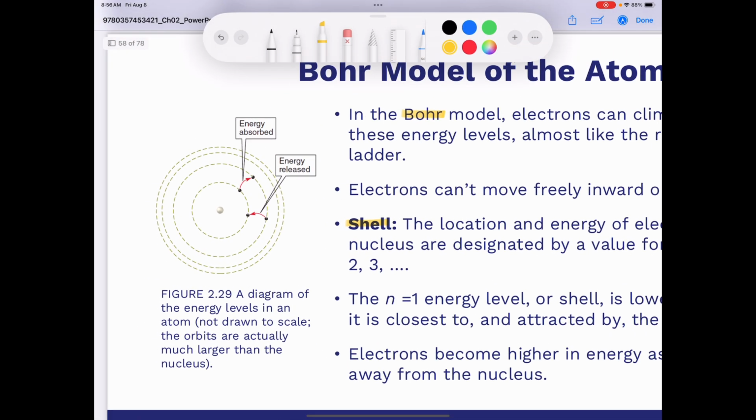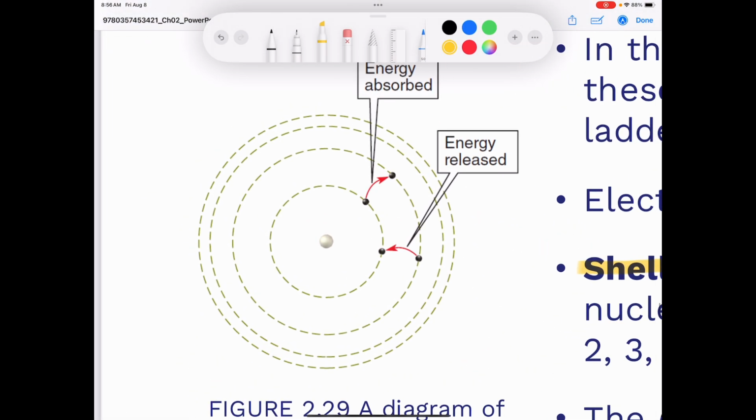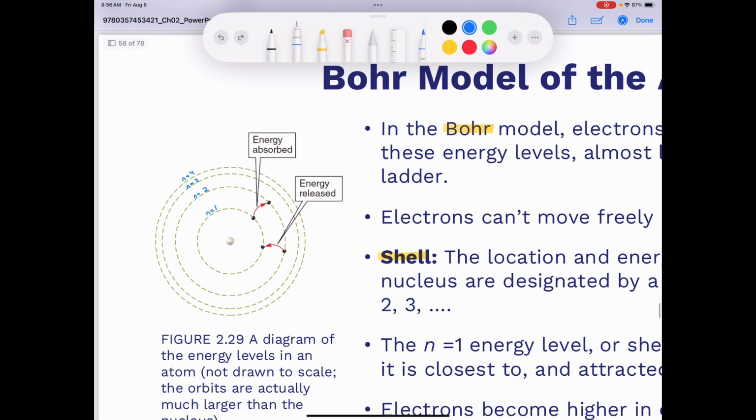So if I zoom in here, this first energy level here would be n equal to 1, this one would be n equal to 2, this would be n equal to 3, this would be n equal to 4. You probably noticed that the lines are getting closer together as we get further away from the nucleus, which is true, but our textbook doesn't go into any detail on that.